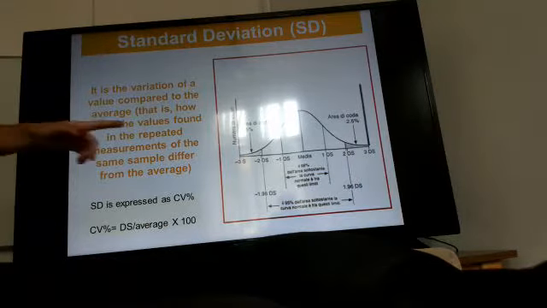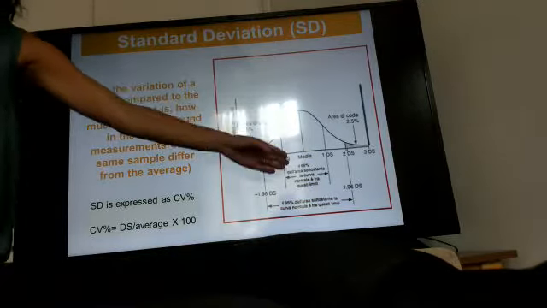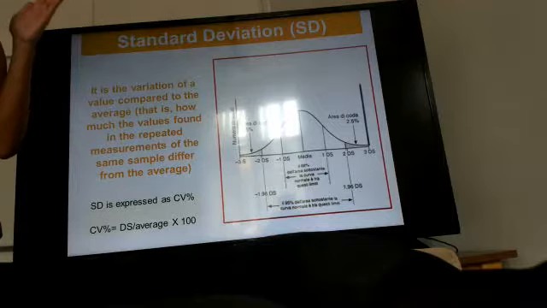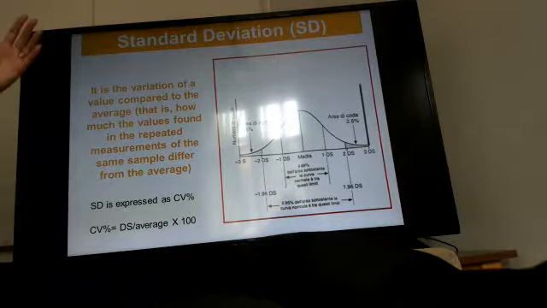Because if this is not a population of different individuals, but this represents my evaluation of the same sample, the smaller the range I have, the higher the precision. It means that the standard deviation is a small number. If I have a large standard deviation, it means that I measure numbers that are very different. And this is not a good method.